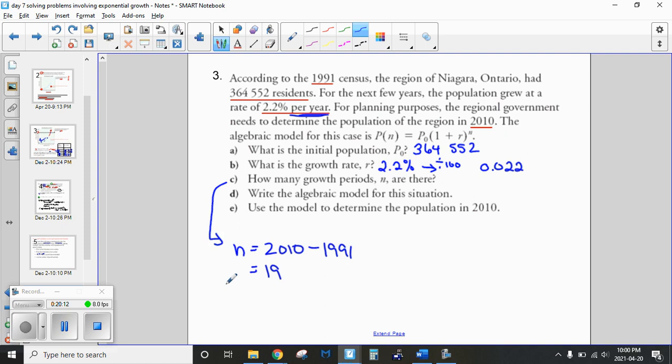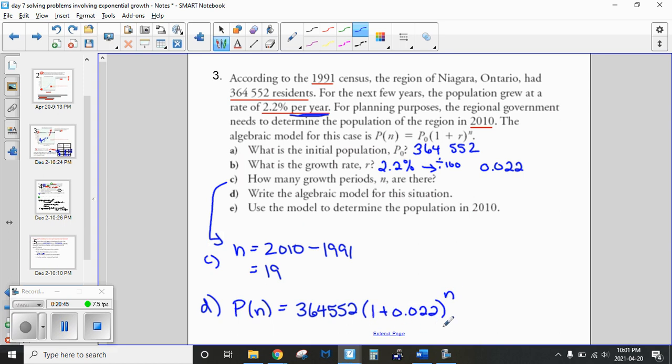Write the algebraic model for this situation. So it's going to use that structure given in the question. Population after n growth periods is going to be the initial amount, 364,552, multiplied by 1 plus the interest rate, raised to the exponent n.